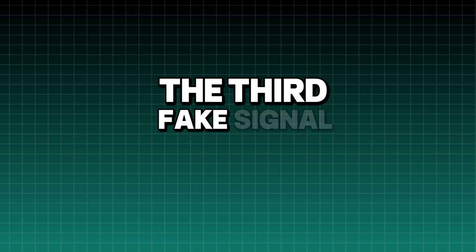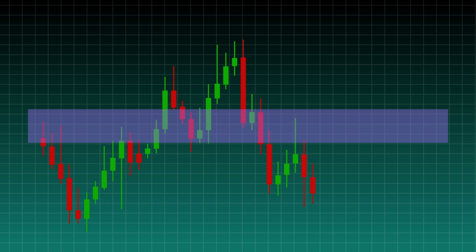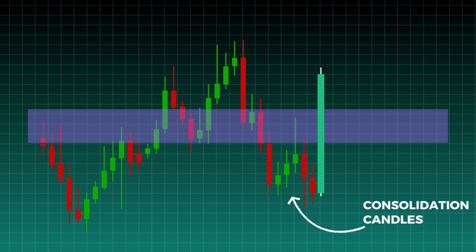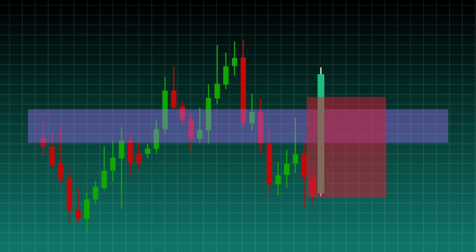The third fake signal to watch out for is the giant breakout candle. Breakout candlestick patterns occur when multiple small consolidation candles are followed by a large breakout candle that closes outside the range. While a breakout candle shows strong momentum, a common trap is entering the trade when the breakout candle is 3 or 4 times larger than the average candle on your chart.